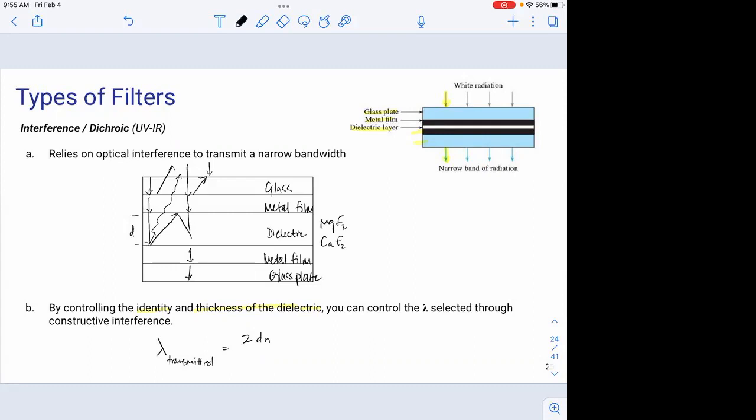That's why the identity matters, because refractive index will change over the order of interference. So I'm giving this a bold small n. That's what this will end up being, right? A bold small n. So d is the depth of the dielectric.